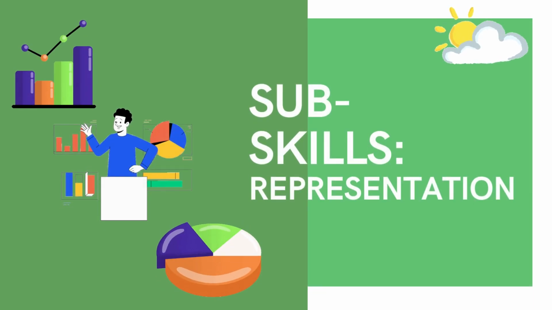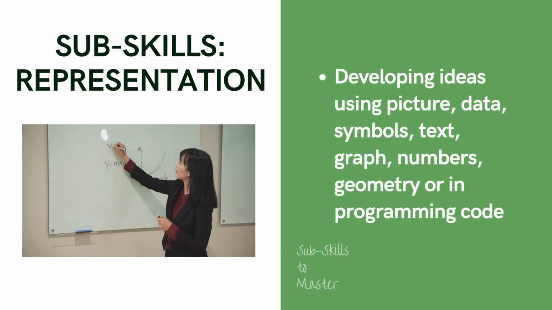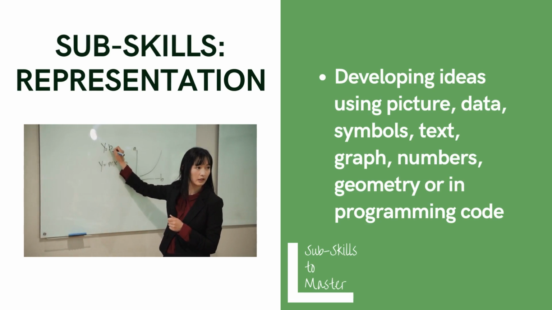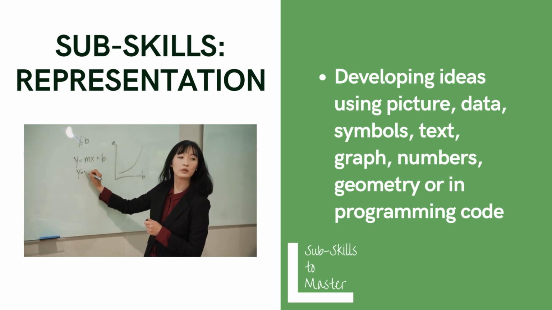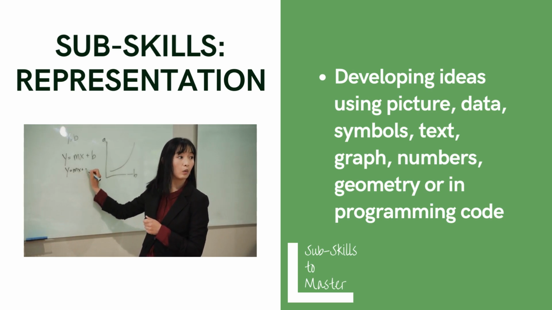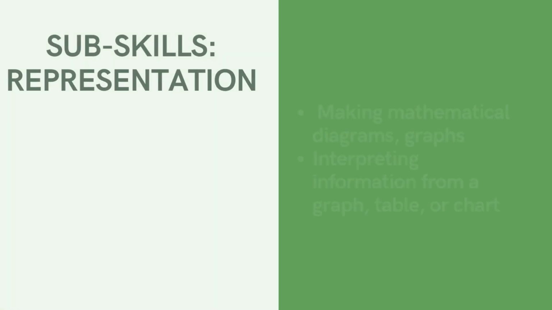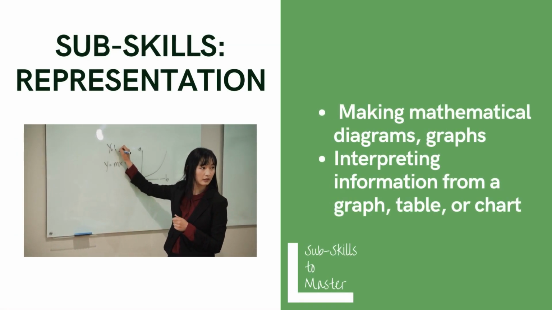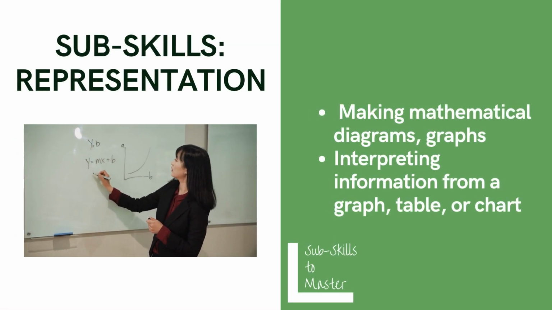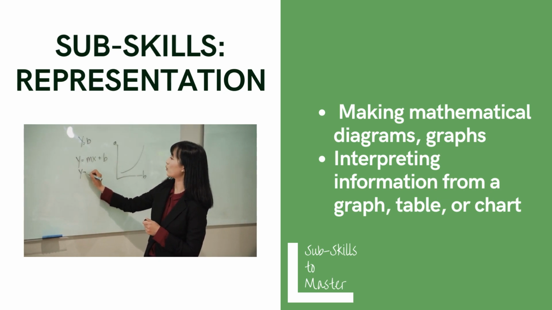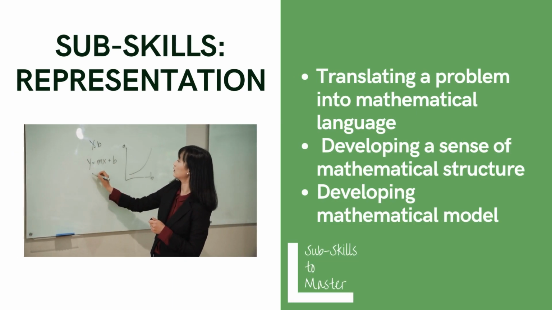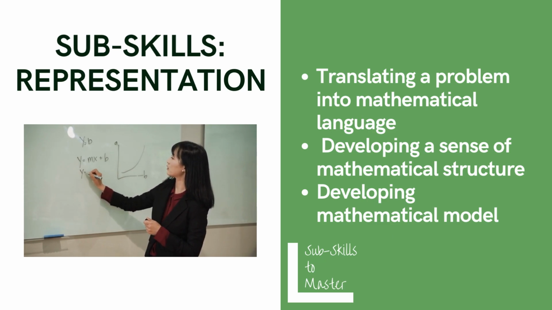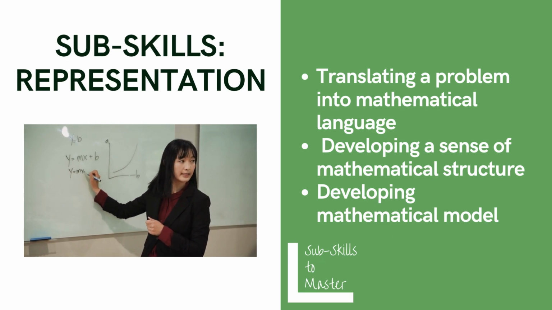Sub-skills under representation are developing ideas using picture, data, symbols, text, graph, numbers, geometry, and programming code. Making mathematical diagrams and graphs, interpreting information from a graph, table or chart, translating a problem into mathematical language, developing a sense of mathematical structure, and developing mathematical models.